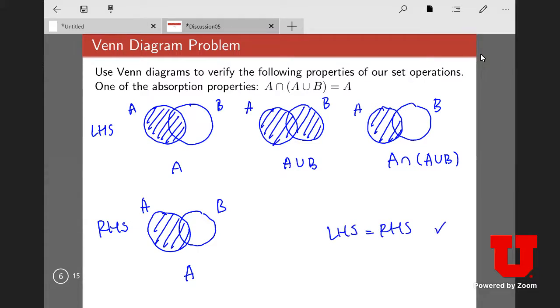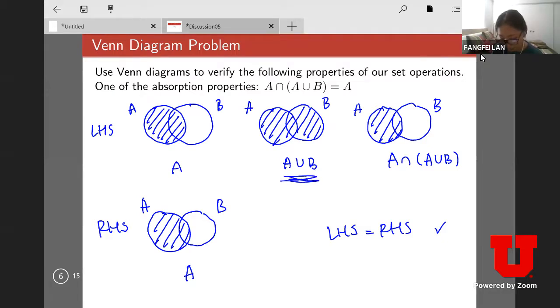Quick question. Go ahead. For A union B, does it also include the overlap portion? Yes. Originally I thought if it's in A, then it can't be in B, and vice versa. So this is like the or, right? This is like if it's in A or it's in B. So that means it could be in either.